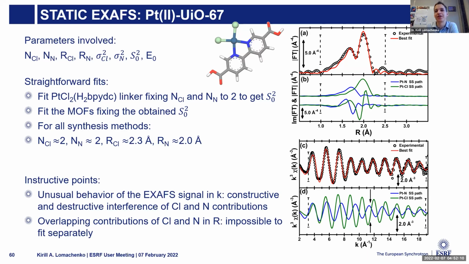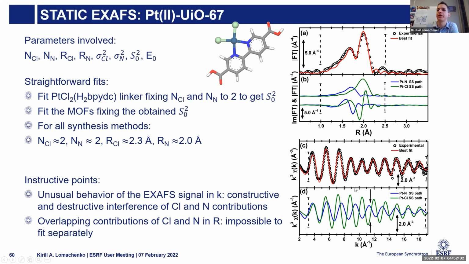The reason for this is the interplay between the two main paths of this signal, because it's basically platinum-nitrogen and platinum-chlorine that have different phase. Each of these signals is a nicely decaying periodic function.